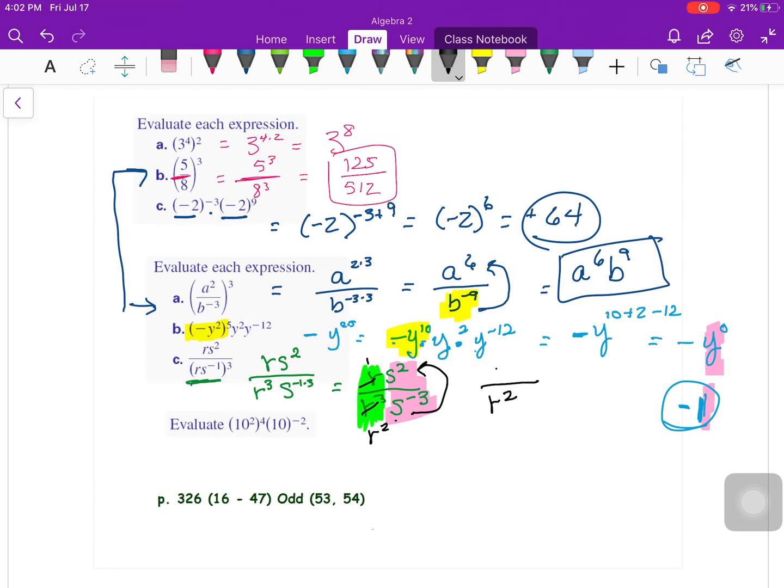So to get all positive exponents, it reciprocals its position. So this will reciprocal up. So on top I have s squared times s cubed. That gives me s to the 5th on top, because timesing you add, over r squared on the bottom.